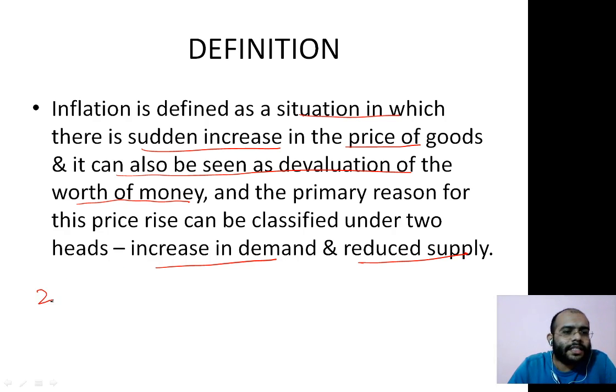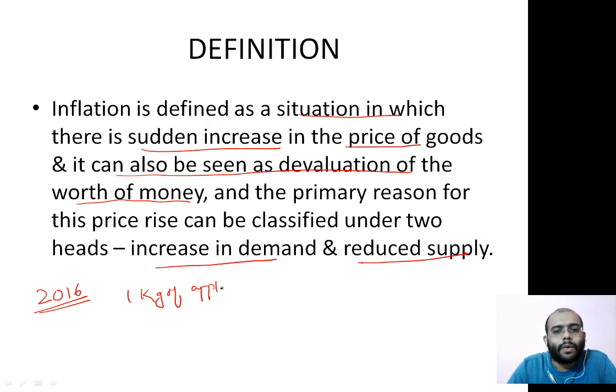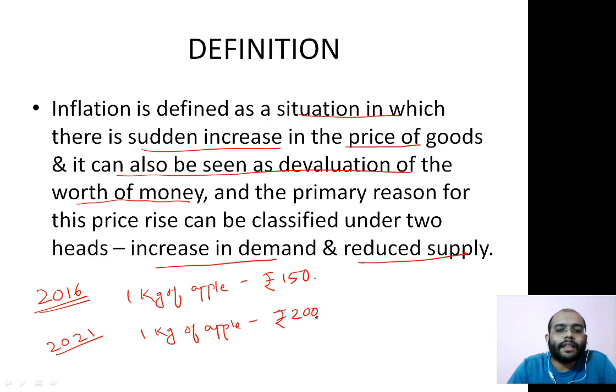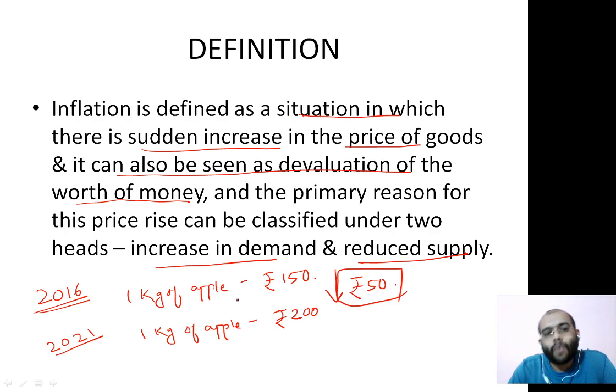In completely layman's terms, let me describe this definition to you. Let's say in 2016, 1 kg of apple was worth rupees 150 in the market. Coming to 2021, 1 kg of apple costs rupees 200 in the market. So this price rise of rupees 50 is nothing but inflation. Another term was devaluation in the worth of money.